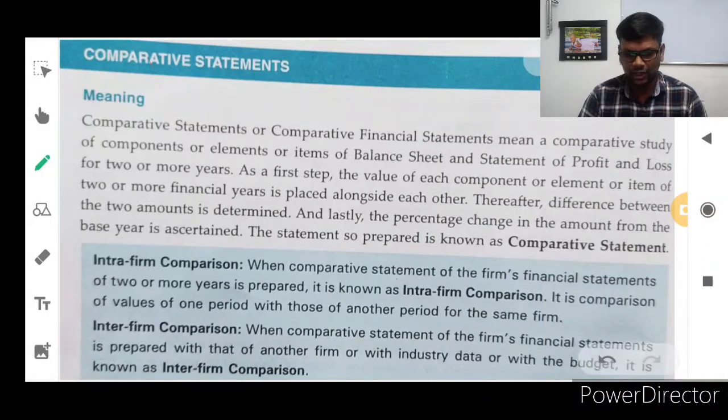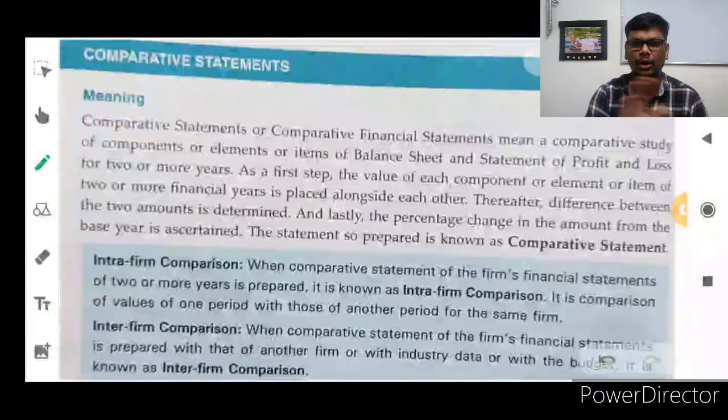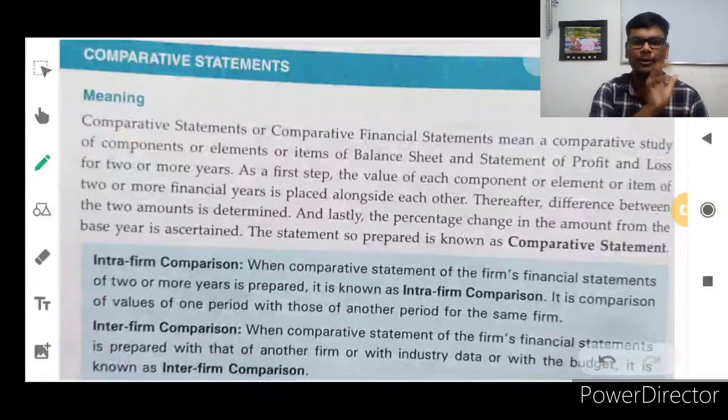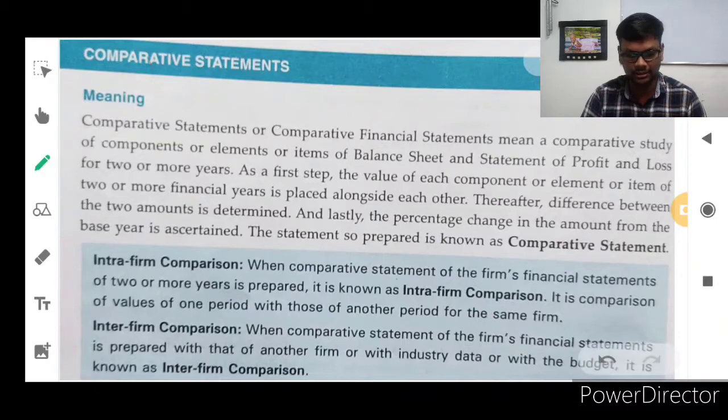As a step, the value of each component or element or item of 2 or more financial years is placed alongside each other. So the values of both the years or both the firms' liabilities and assets appear in the comparative statements. And thereafter, the difference between the two amounts is determined, which is the current year and previous year difference, or firm A with firm B. And lastly, the percentage change in the amount from the base year is ascertained.